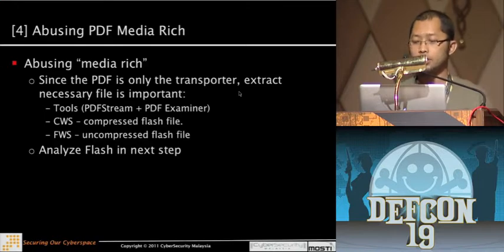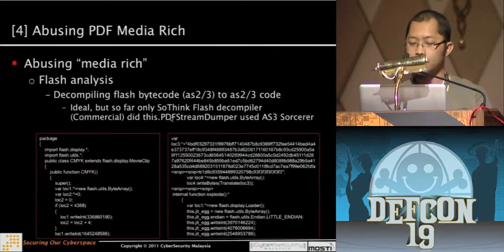Okay, so tools normally you can use are PDF Stream Dumper plus PDF Examiner for this one. And then of course you can do Flash analysis later on to trace what really happened when you open the PDF. As we know, the PDF has an engine for Flash, right?